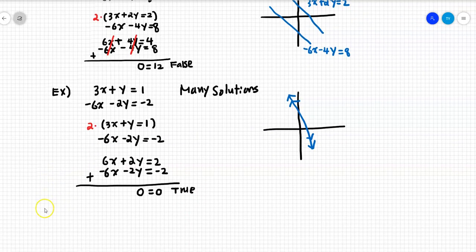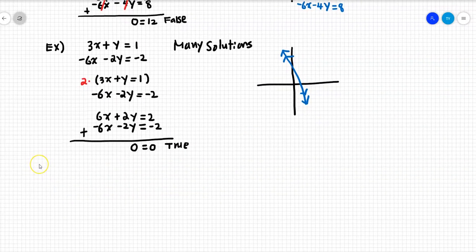So we talked about the two different methods of solving a system of linear equations in two variables, and your solution has to be one of these three categories: one solution, no solution, many solutions.